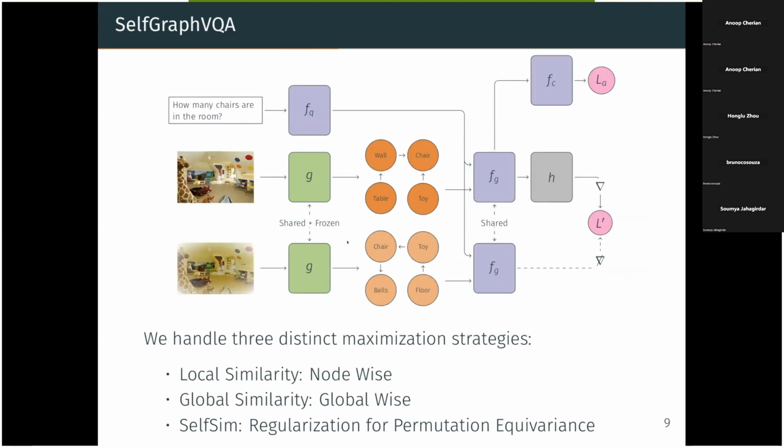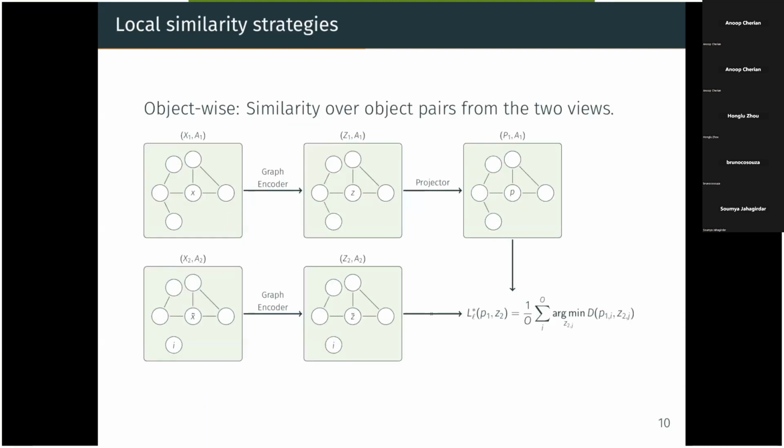Inspired by the CMC architecture, we try to maximize the information using a cosine distance between the unmodified and modified scene graph. As we're dealing with a graph format, we try three distinct maximization strategies: local similarity, global similarity, and the self-scene similarity, which is a regularization for the permutation equivariance problem on graphs.